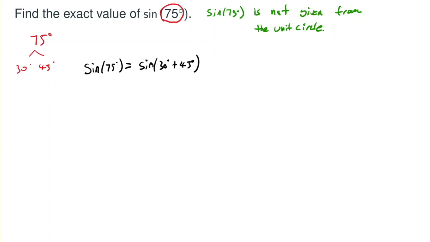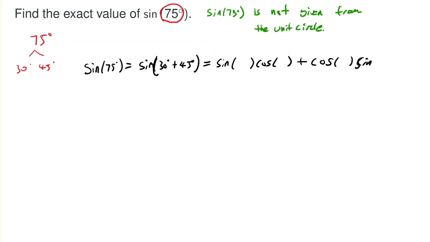And we use the sum and difference identity from the identity sheet. So it tells us that sine of angle A plus B is the same thing as sine. Let me actually write these first and I'll fill in the angles in a second. So this is from the formula for the sum and difference identity.